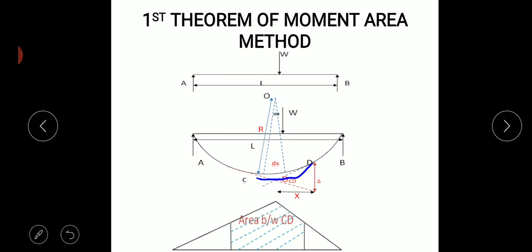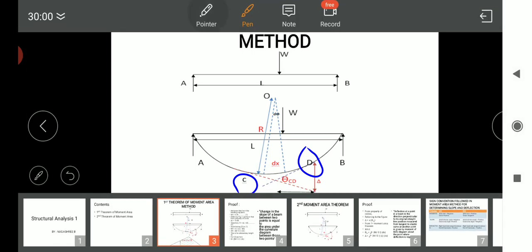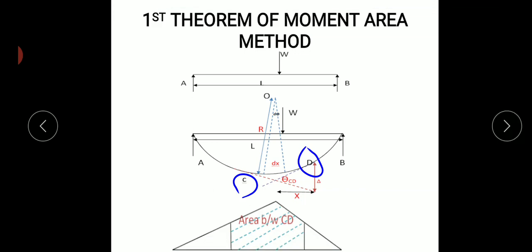The next figure, figure B, represents the deflected shape of the simply supported beam when it is subjected to the external load. Then I am considering the points C and D, which are in between the two points A and B. The distance between the points C and D is termed dx.